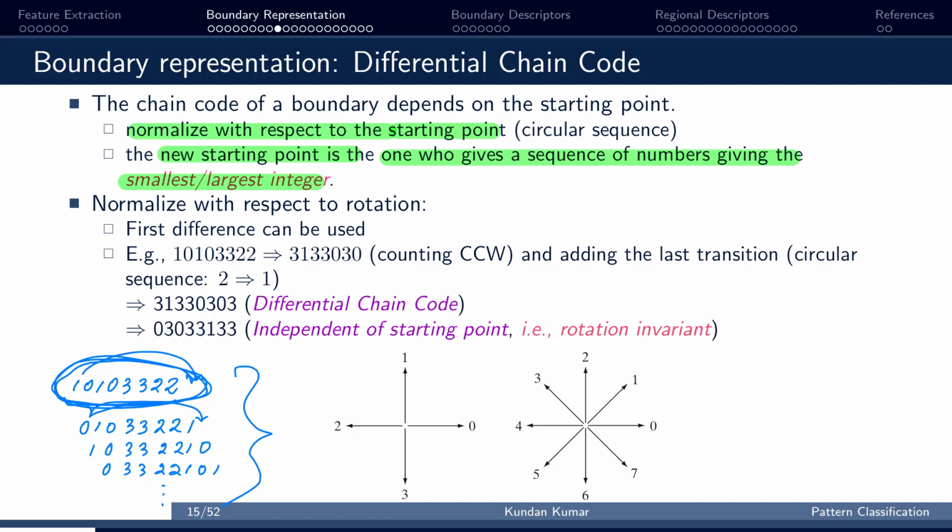Obviously, when we have the most significant digit as the largest number, then whatever number we generate will be our largest number.